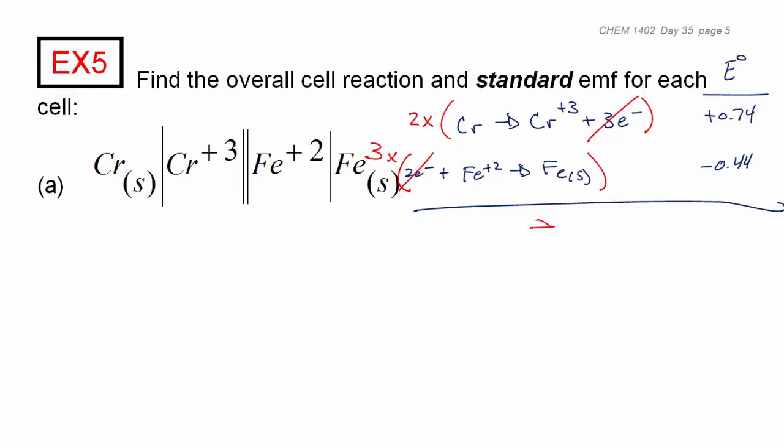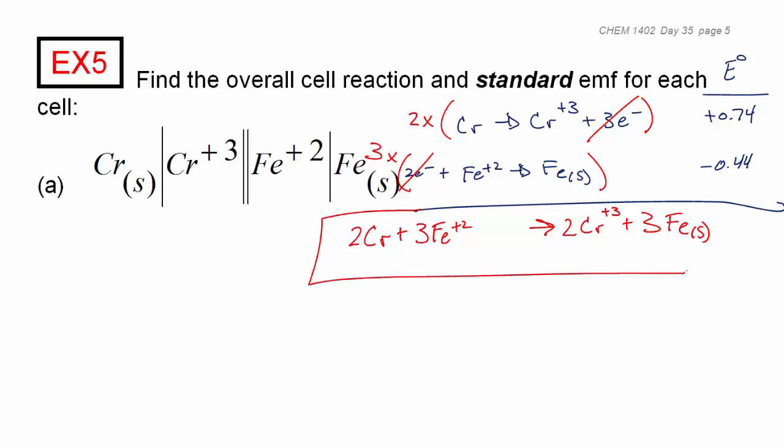So the overall cell reaction, 2 chromiums and 3 iron 2 plus ions forms 2 chromium 3 plus ions and 3 moles of iron solid. So there's my overall cell reaction. But what's my overall standard EMF? Positive 0.74 and a negative 0.44. It's a positive 0.3 volts.